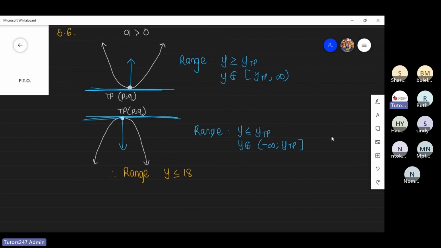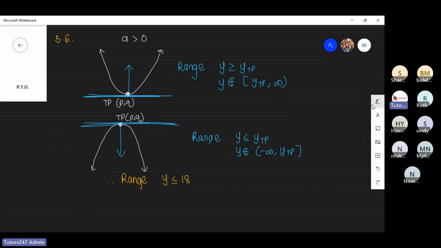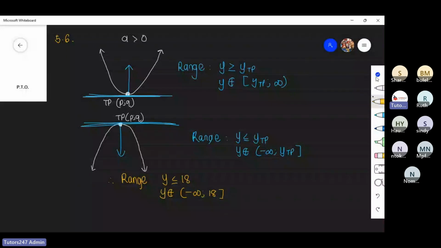The graph starts at y equals 18 and touches all the y values less than 18 all the way until negative infinity. If we use the secondary notation, it's y an element from our lowest value, which is negative infinity, to our highest value, which is 18. And that is the range of our parabolic function G.